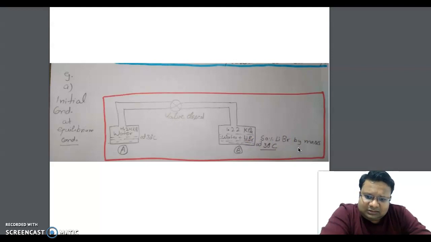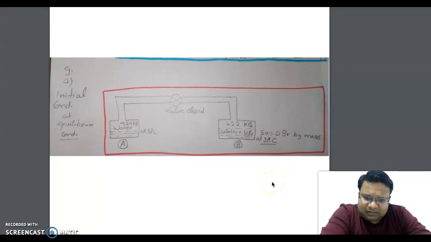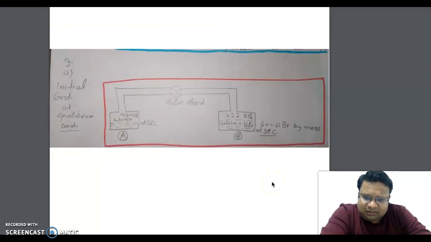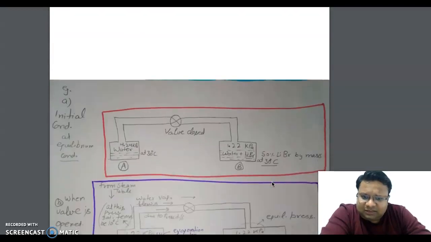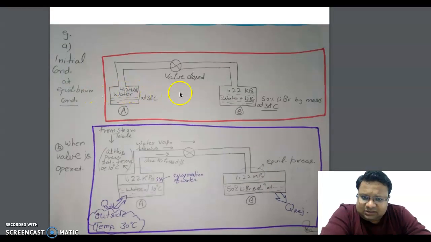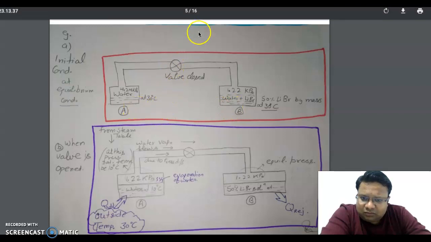So in the second case, what happens when the valve, which in the first case was closed, is opened? Here it was 4.24 kilopascal and here it was 1.22 kilopascal.